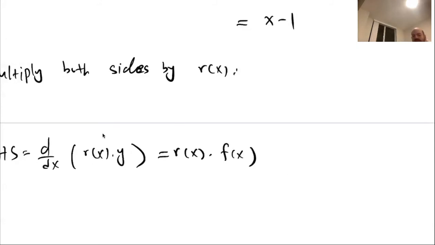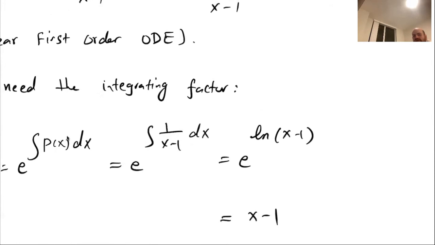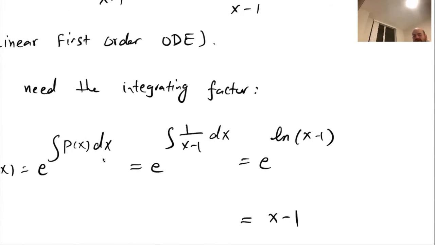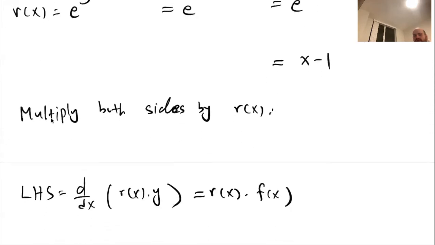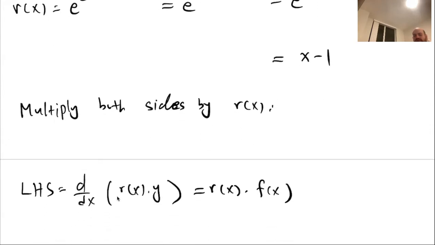If you look at the lecture notes regarding linear first order ODEs, you'll see that these were the steps that we explained before. First, finding the integrating factor by e to the power integral p of x dx. Then you will find r of x. And once you have r of x, the left-hand side can be written as d/dx of r of x times y, and the right-hand side can be written as r of x times f of x.